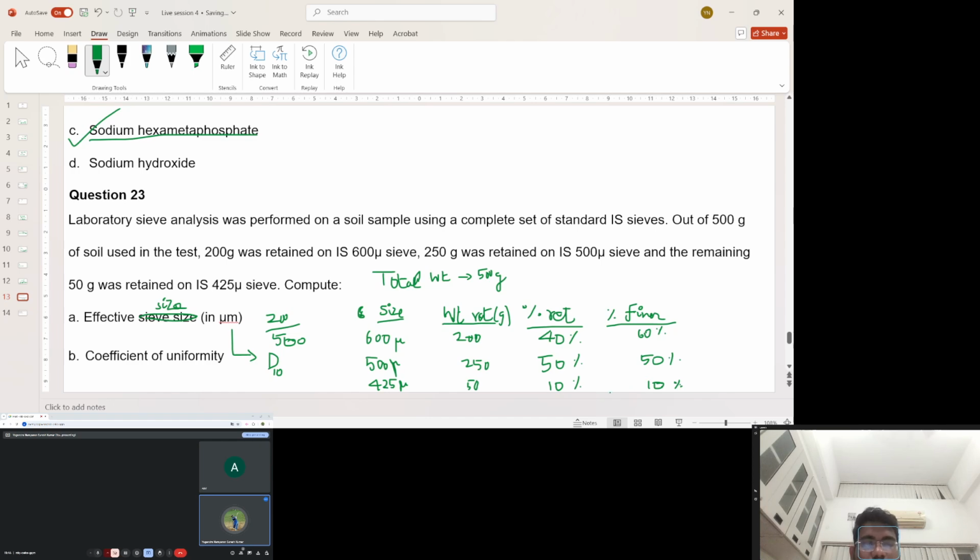Corresponding to 10%, we have 425 microns. So that is the effective size, 425 microns.